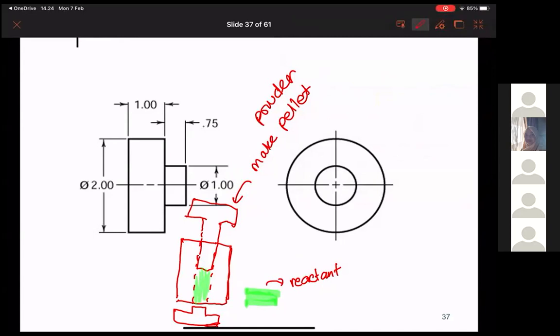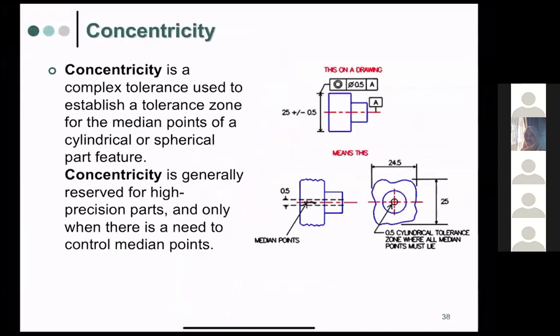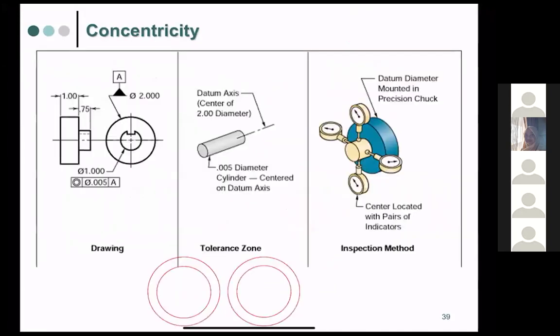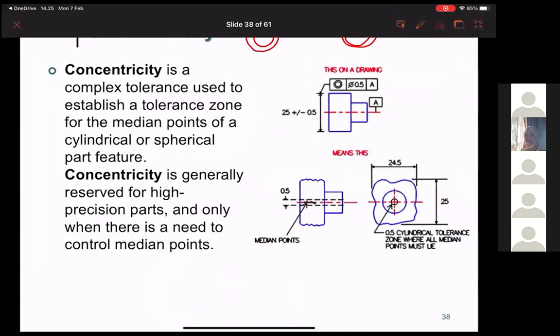Okay, so this is a typical example of concentricity. The symbol is a circle like that, or maybe like that, the circular thing. Okay, so this is called concentricity, not circularity, sorry, concentricity, which is a complex tolerance zone used to establish a tolerance zone for the median points of a cylindrical or spherical part.